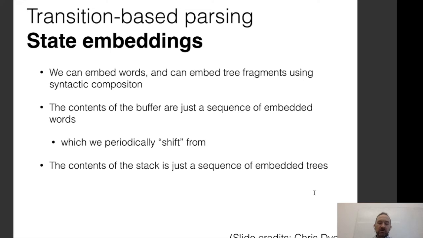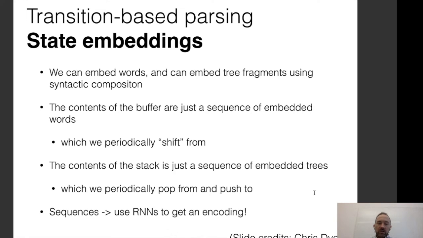The contents of the stack are a sequence of embedded trees, which we periodically pop from and push to. And because these are sequences, we can use RNNs to get an encoding of them. So basically, the idea here, while eliding some of the details, is that we can use RNNs to get the encodings that we use to make these classification decisions.